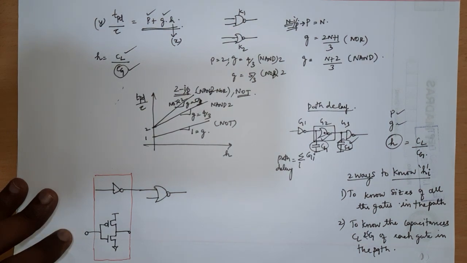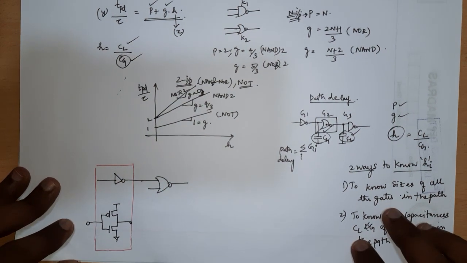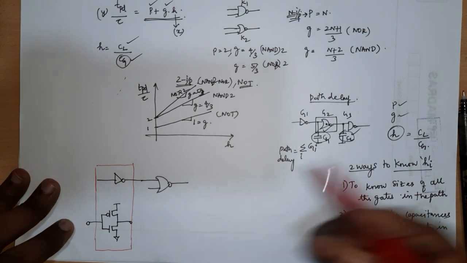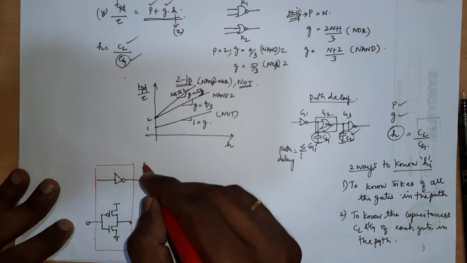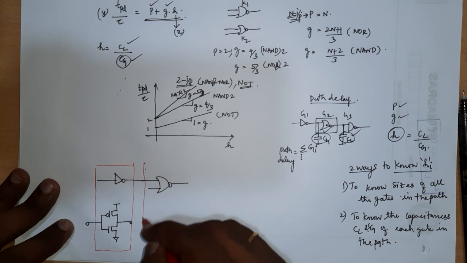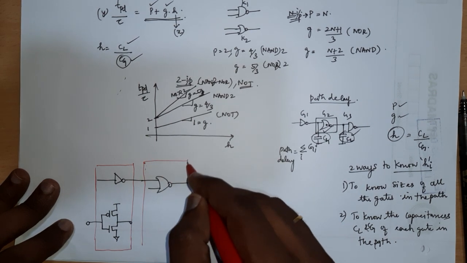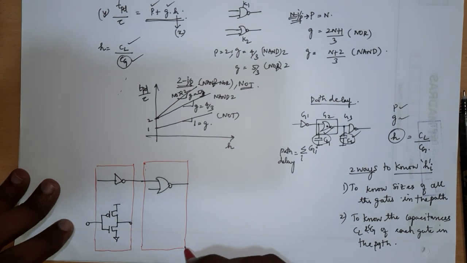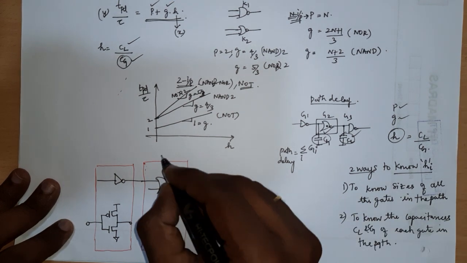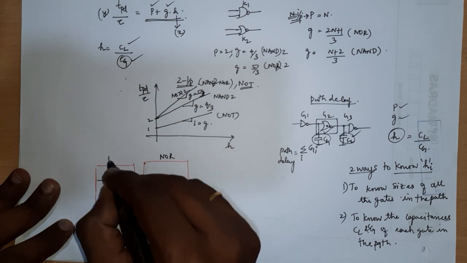Say this is the whole inverter block, and the next block starts here. This is the NOR block and this is the NOT block.